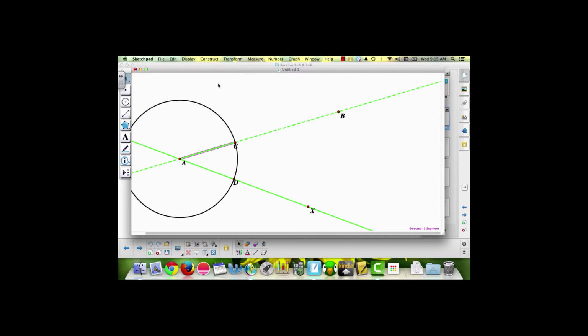And now I'm going to make another circle with that radius length and point B as the center.